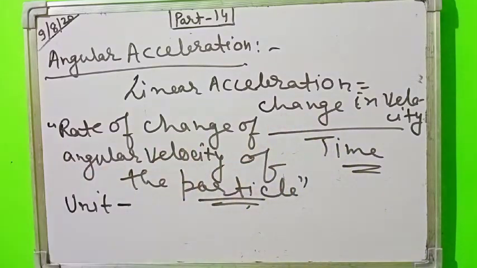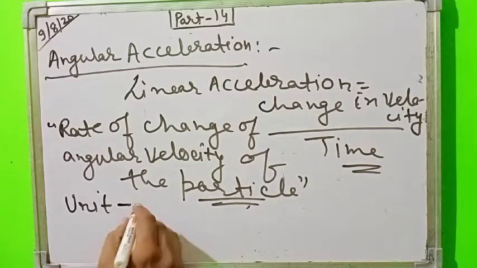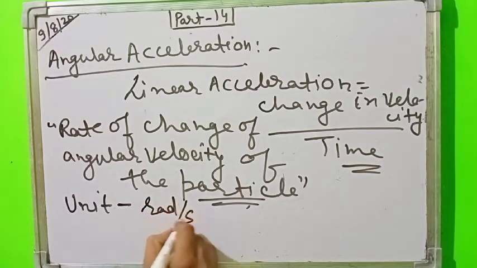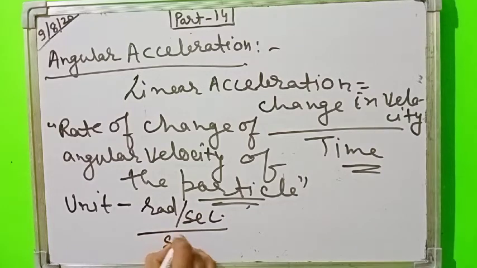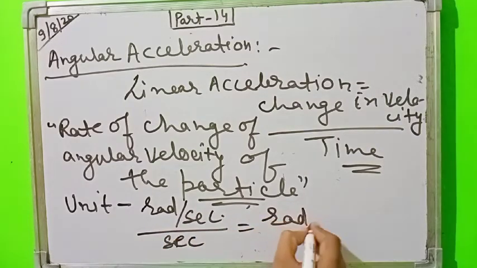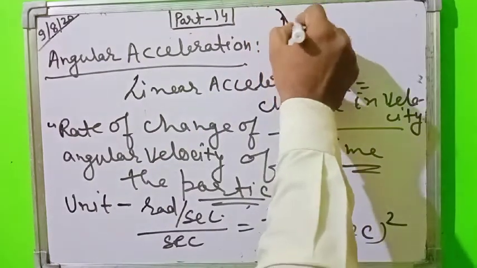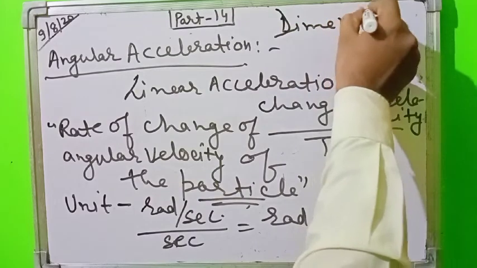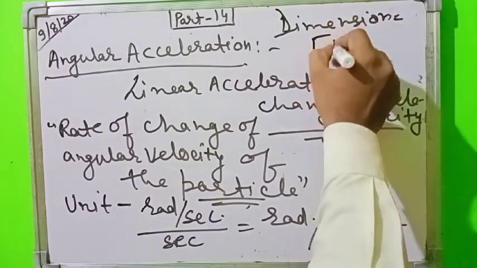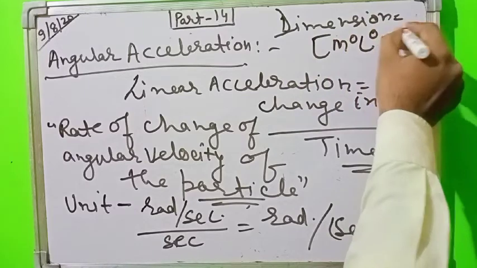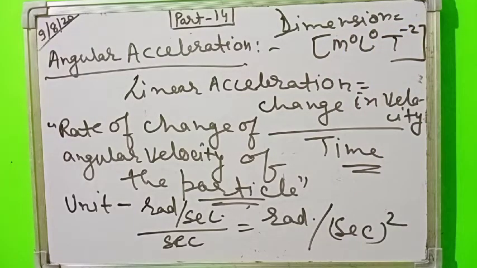Radian per second is for angular velocity, so radian per second upon second, which is equal to radian per second square. Its dimension is M0 L0 T minus 2. It is denoted by alpha.